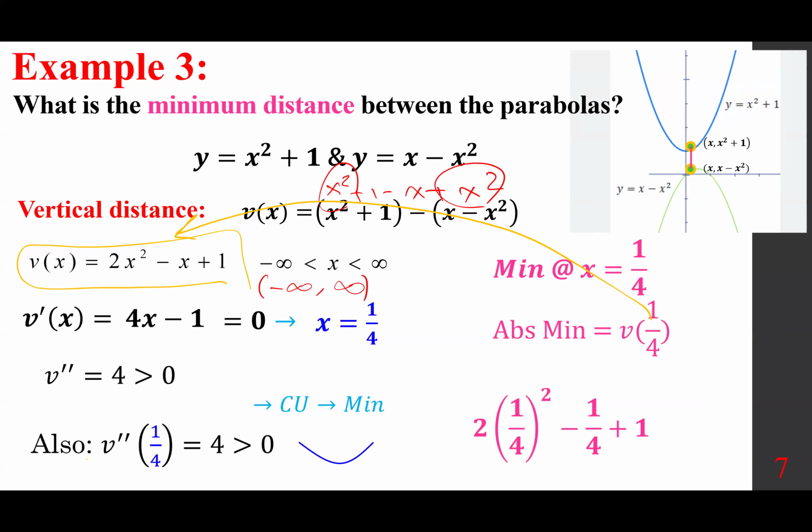I hope you see that this is 1/16 times 2, which is 1/8, minus 1/4, that is 2/8, plus 1, that is 8/8, and we get 7/8. Precise answer.